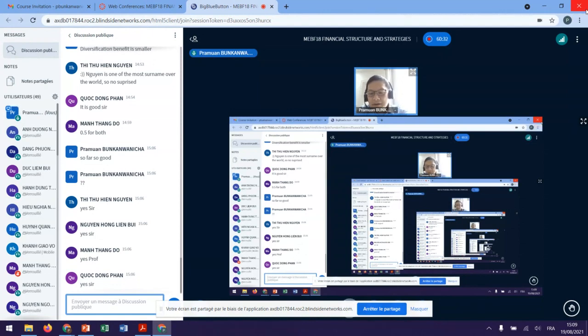An efficient portfolio means that for a given level of volatility, the risk that you take, you can maximize your return. Or for a given return, you can minimize your risk. And this we're going to call the efficient portfolios. So let's try to find a portfolio that is efficient for you to invest in.